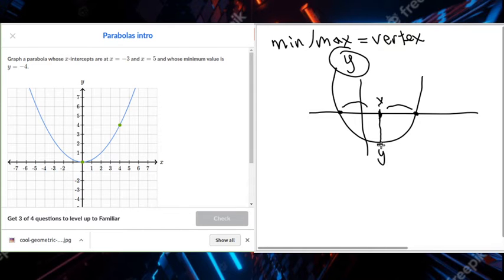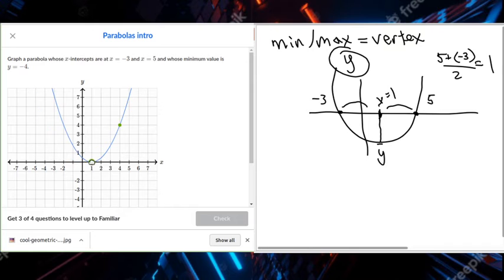So what we need to know is that the vertex is going to be at this halfway point between -3 and 5, and halfway is 5 plus -3 over 2, which is 2 over 2, which is 1. So it's at x equals 1.